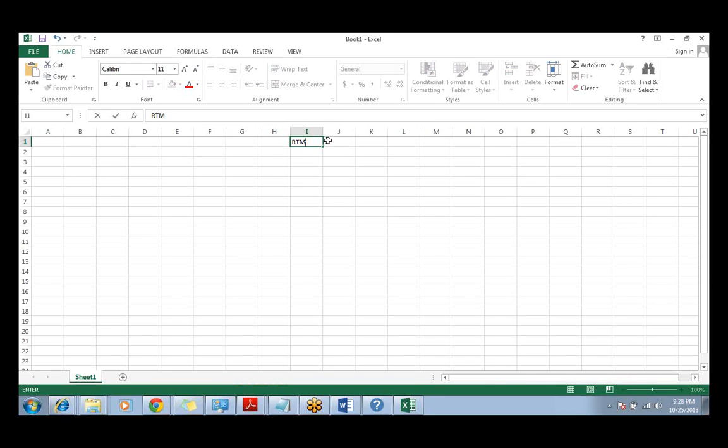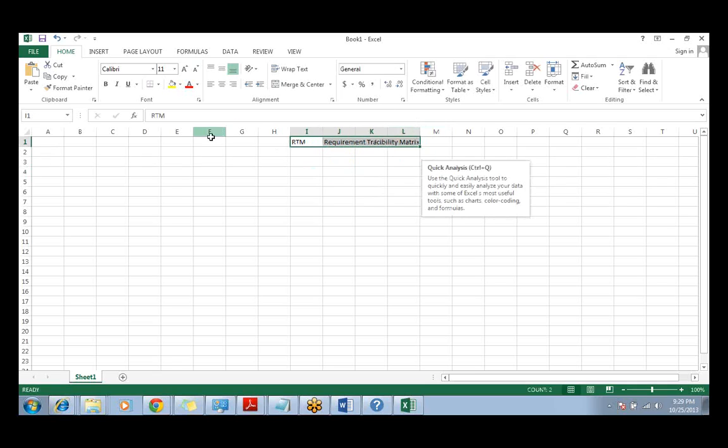So there is something called RTM, okay? What is it? Requirement traceability matrix. All these things you would have learned as part of a BA training.